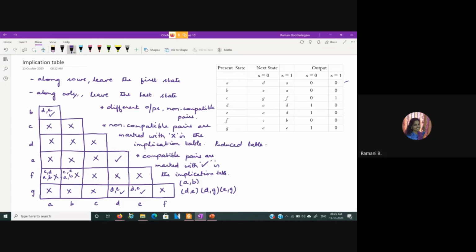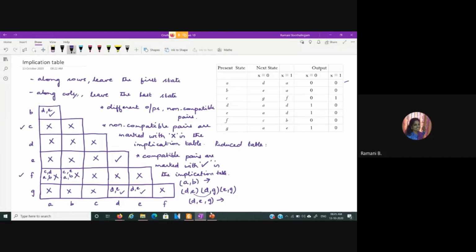So what we can do is combine A and B and represent this with a single state. Here D is equivalent to E and G, and E and G are also equivalent. So all these three, D, E and G, put together can be given a single state. Other than that, left out are C and F.